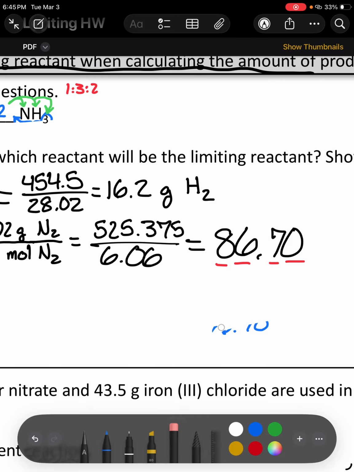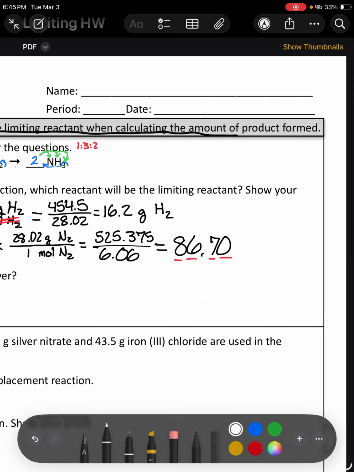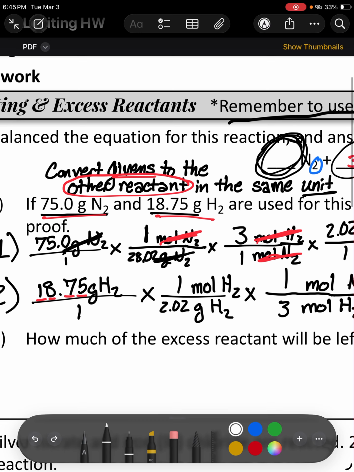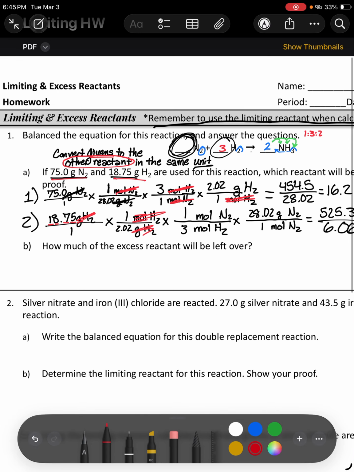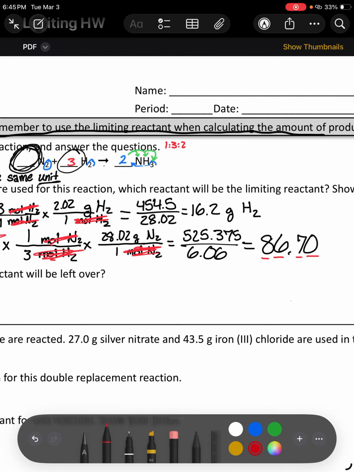Okay. What am I missing? Hopefully you know this by now. Hopefully you feel something's off. We're missing our units. So let's go back. What canceled? Grams of hydrogen canceled. Moles of hydrogen canceled. Moles of nitrogen canceled. Why are they canceling? Because they're diagonal.